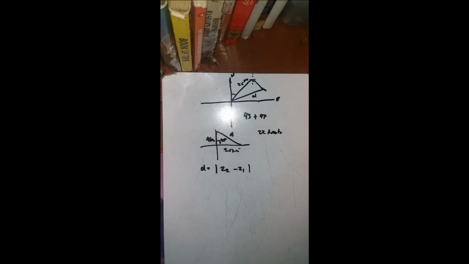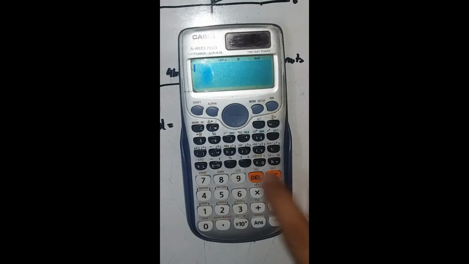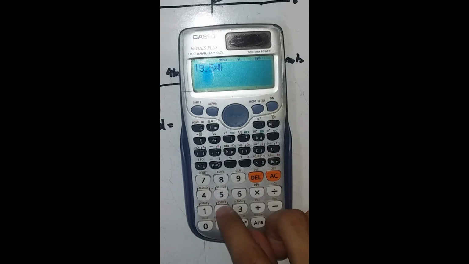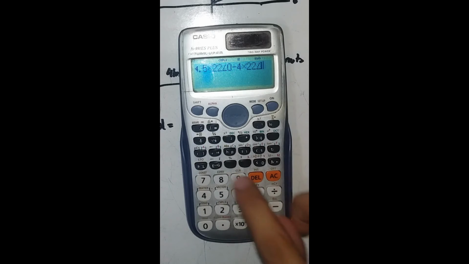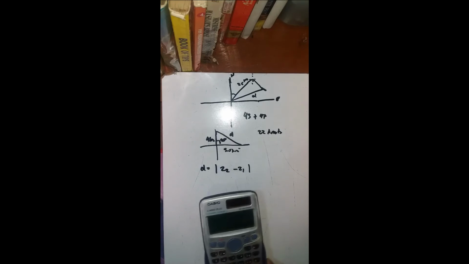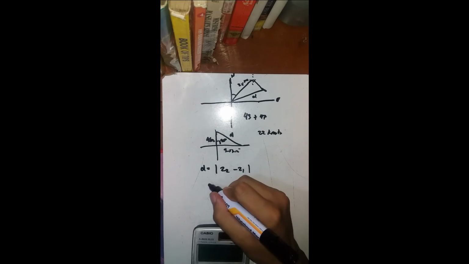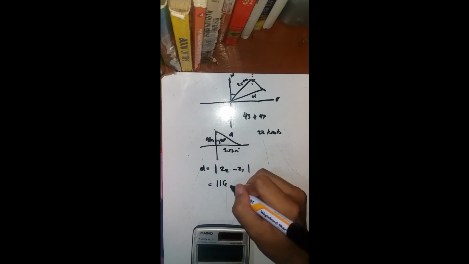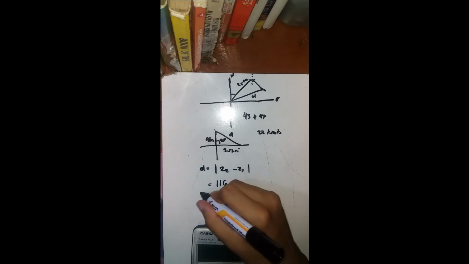In the calculator, we have the absolute value of 3.5 times 22 angle of 0 minus your 4 hours times 22 angle of your 90 degrees. So we have here your distance, which is 116.93.